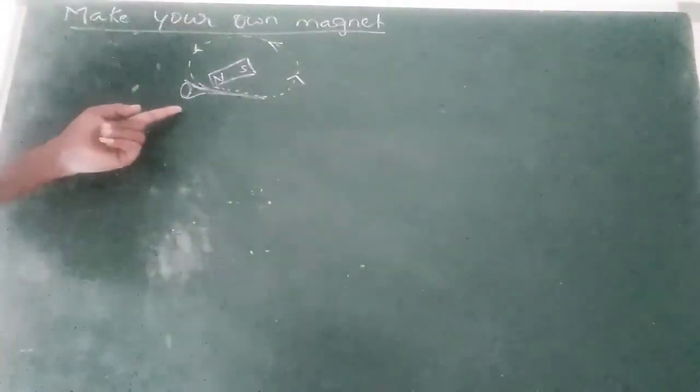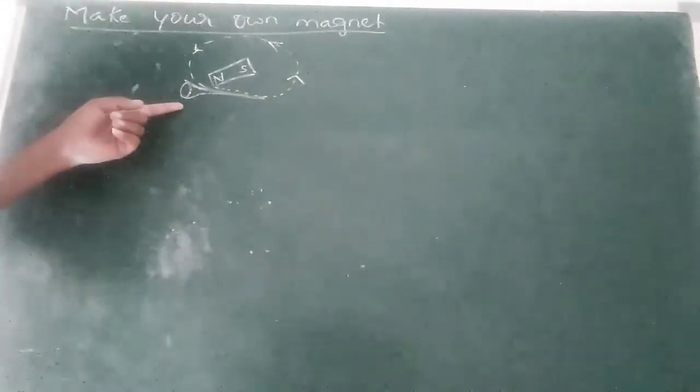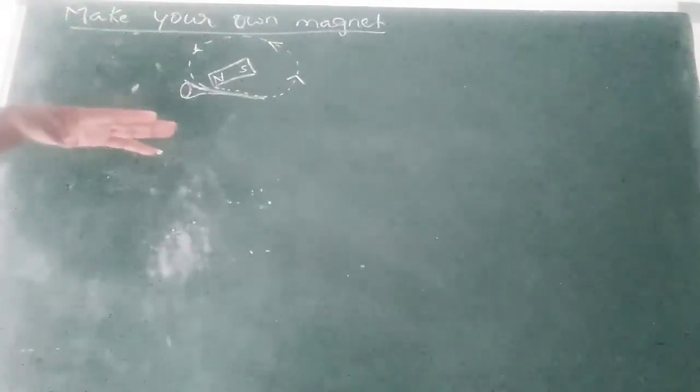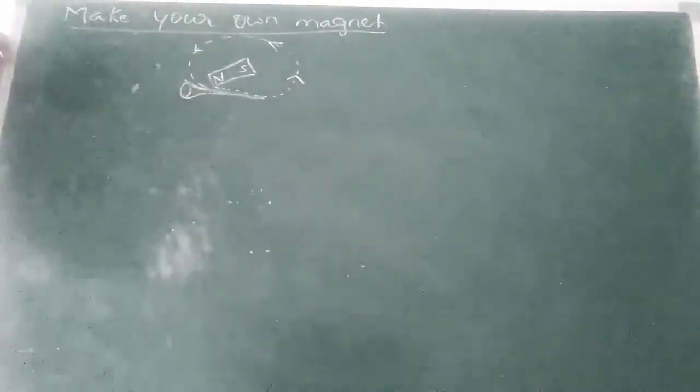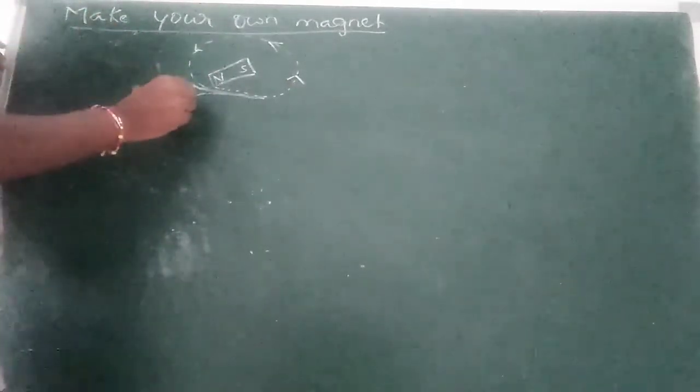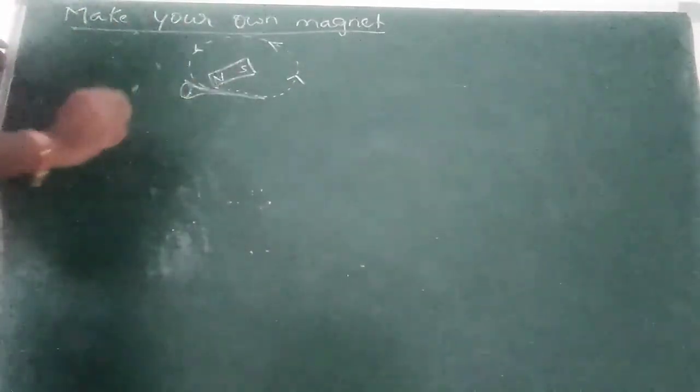It is a magnetic material, and I need to convert it into a magnet. This process is the single touch method. There are many types. So what material do we have to make into a magnet? Take a material and a magnet.